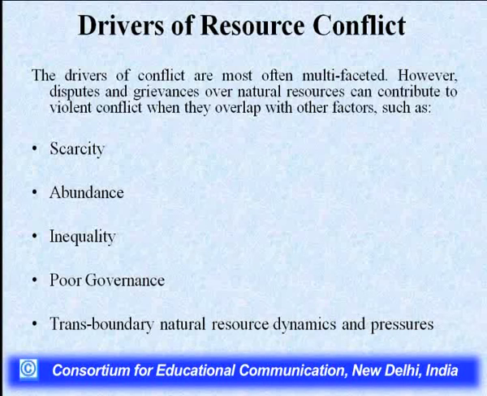This scarcity may come in three ways. One is supply side scarcity, which is when the supply of a particular commodity is low in comparison to its demand. This leads to scarcity.